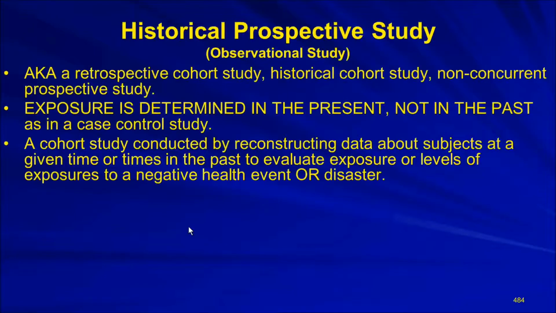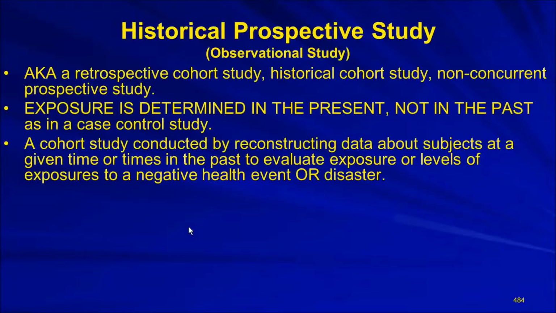Now, that doesn't mean a lot to you, I know, but we're going to select people in the present, and then we're going to look back to see what they were exposed to, and then what is the current effect on the individual.